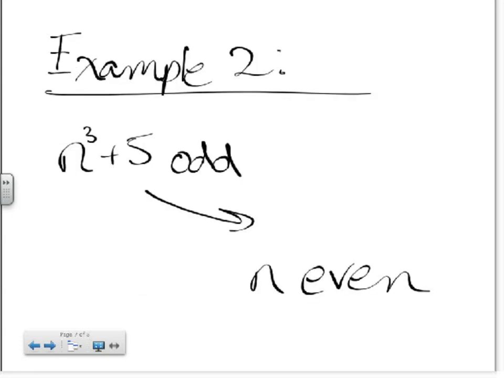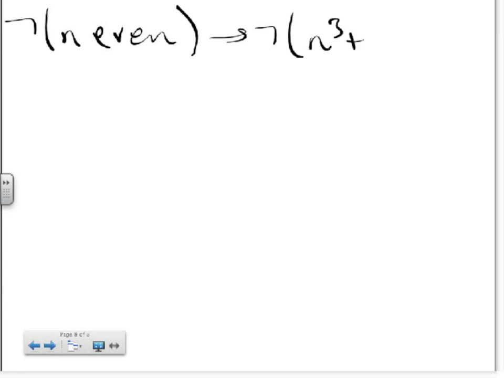Now the second example we're going to do is proving that if n cubed plus 5 is odd, then n is even. The reason this is easier to do by contraposition is that the negated statement is easier to write out in a general form. So how we're going to prove this is that if the negation of n is even is true, then the negation of n cubed plus 5 is odd is true.